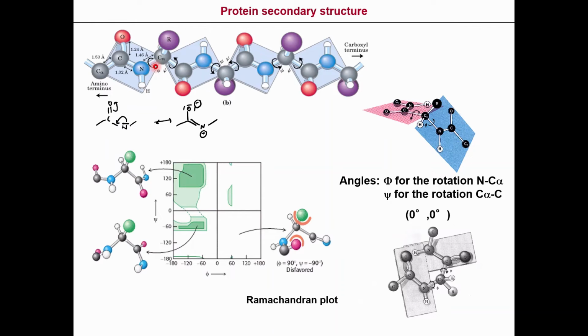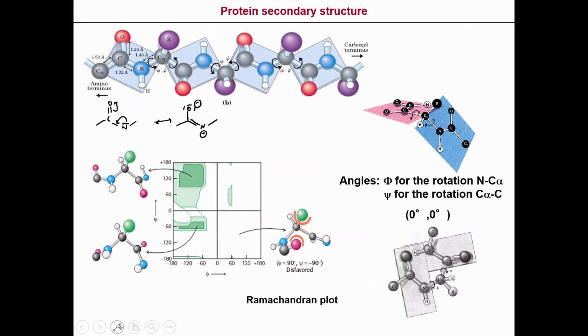So rotation is permitted about the N and the C alpha, and the angle of rotation is called phi. Rotation is also permitted between the C alpha and the C bond, this bond. And the angle of rotation is called psi.